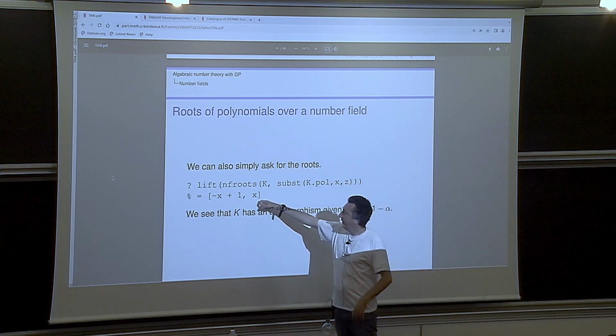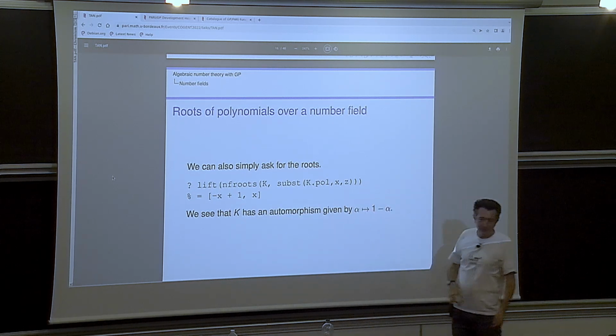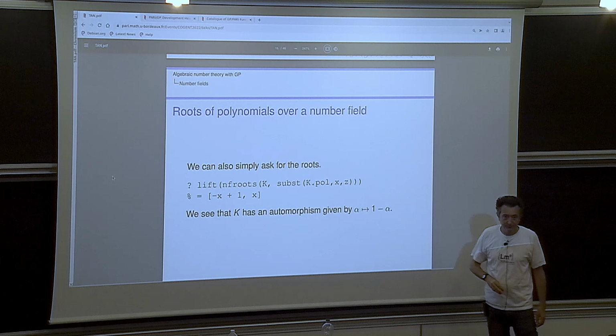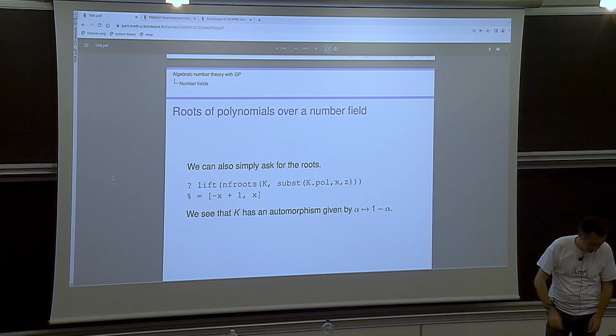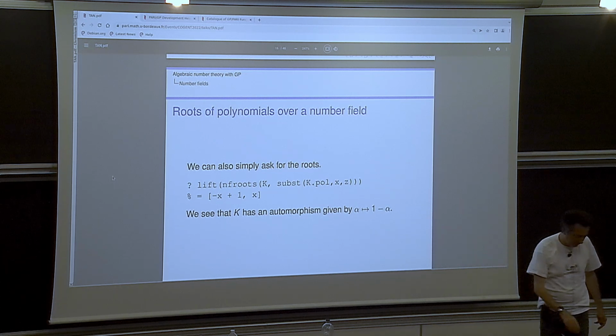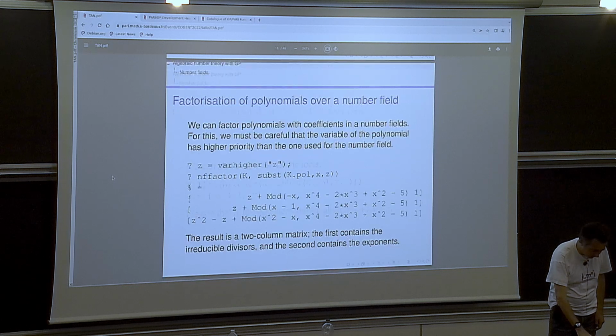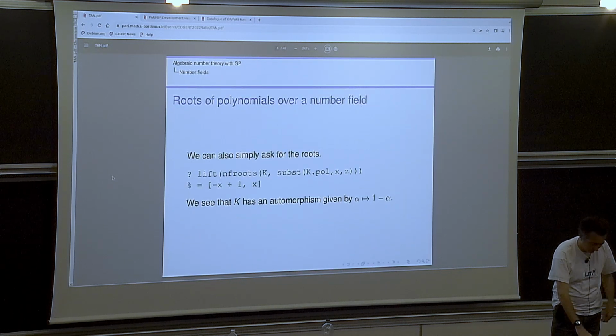So x is the identity, and this one will be alpha going to 1 minus alpha. So the field is not Galois because the field is of degree, I don't know, maybe 4, and there are only 2 automorphisms.